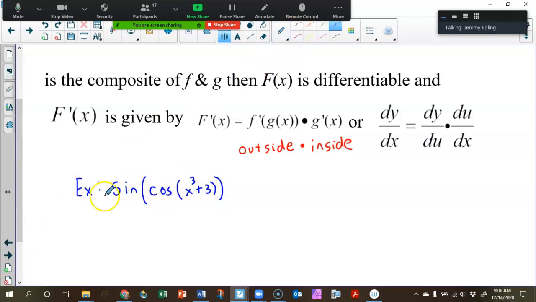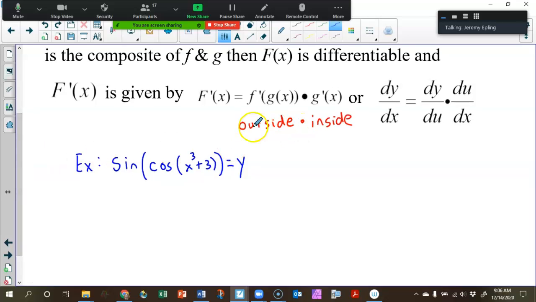This is a function composition problem. So there's our y. Now, if we understand this chain rule, even though this looks like it's a whole lot harder, actually, let's do this. Let's make it sine to the 4th. Now it looks really, really hard.